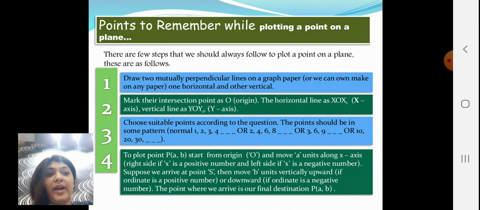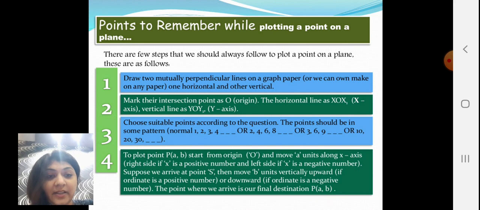Points to remember while plotting a point on the plane. There are a few steps that we should always follow. Number 1, draw two mutually perpendicular lines on graph paper, or we can just take any paper and fold it into horizontal and vertical folds.